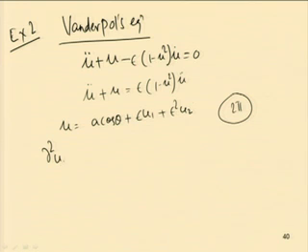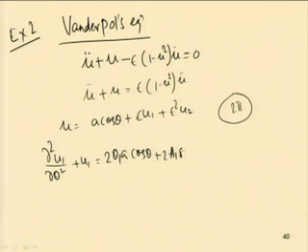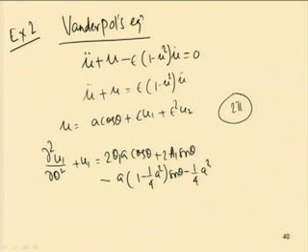So, del square u1 by del theta square plus u1 will be equal to 2 theta 1 a cos theta plus 2 a1 sin theta minus a into 1 minus 1 by 4 a square sin theta minus 1 by 4 a cube sin 3 theta.